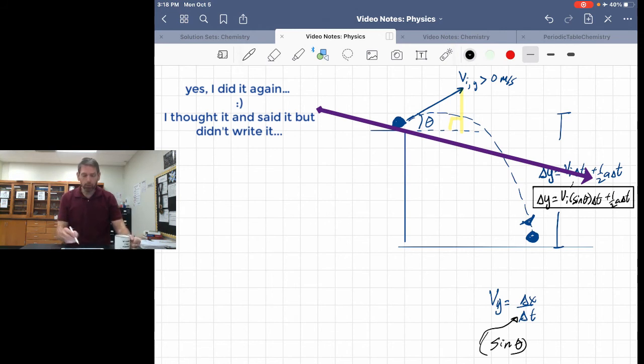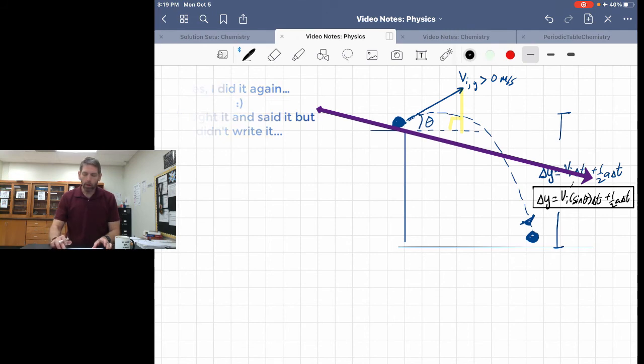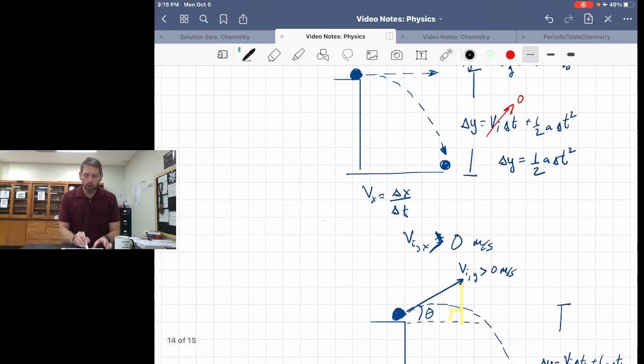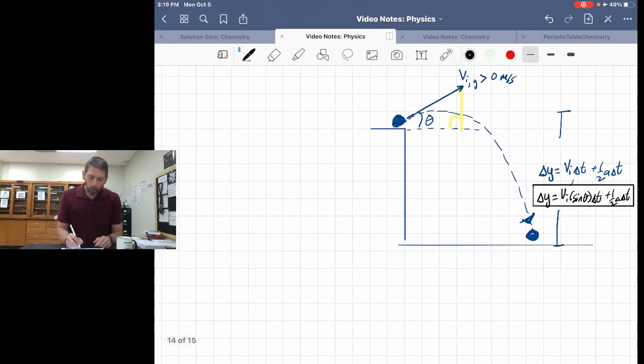The same is going to hold true on the x-axis. We saw that on the x-axis we have delta x over delta t, correct? So velocity along the x is delta x over delta t, and we need something to factor into that.